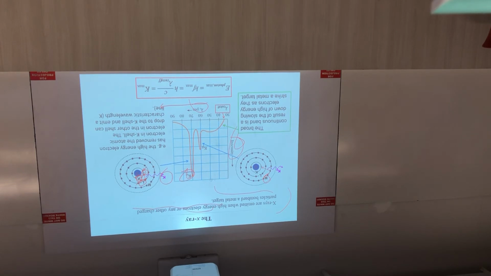And when it fills this vacancy in the K shell, we are going to have the K beta line, alright? And between K alpha and K beta, K beta will have higher energy.